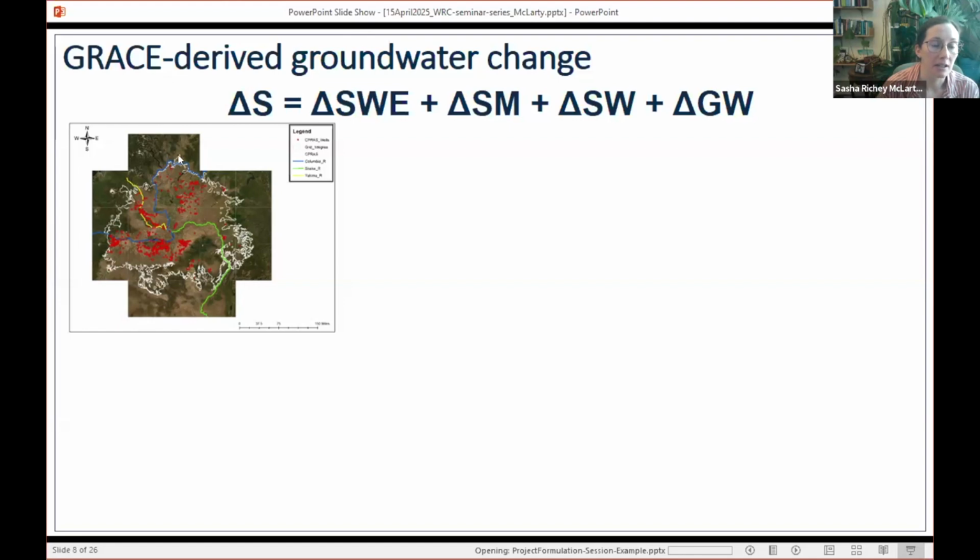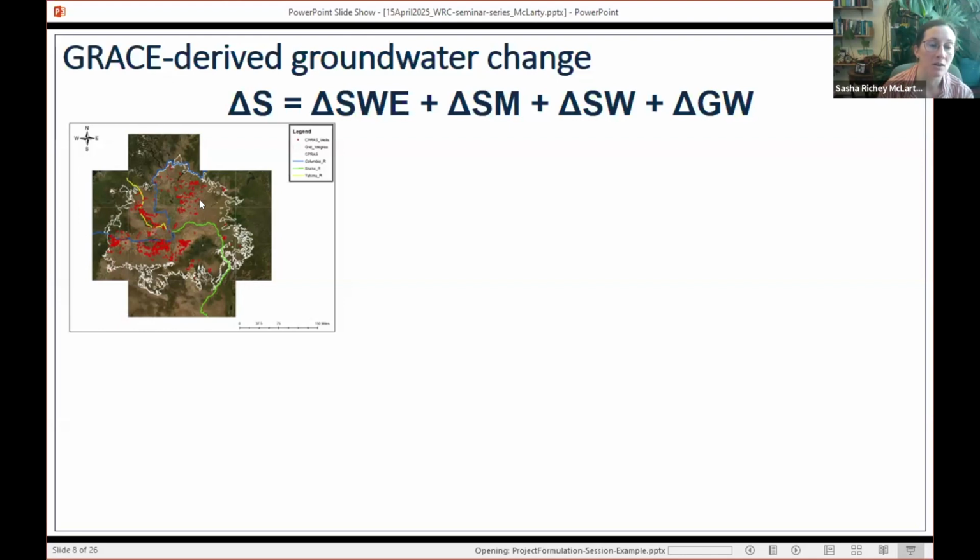On the left here, you'll see the outline of the Columbia Plateau Regional Aquifer System, CPRAS. This is as delineated by the USGS ModFlow model. You see the Columbia River in dark blue with the Snake in green coming in and the Yakima River in yellow.